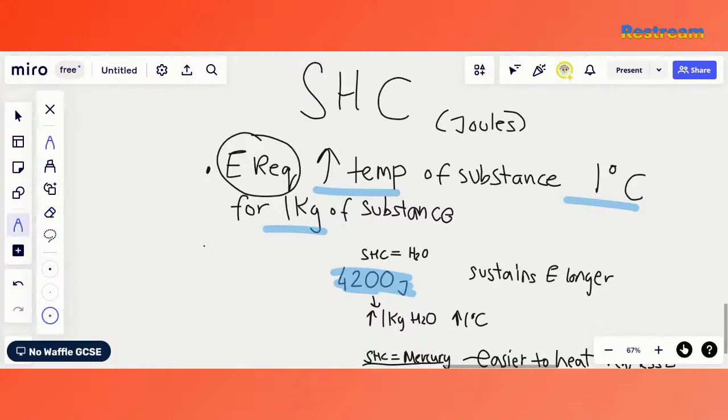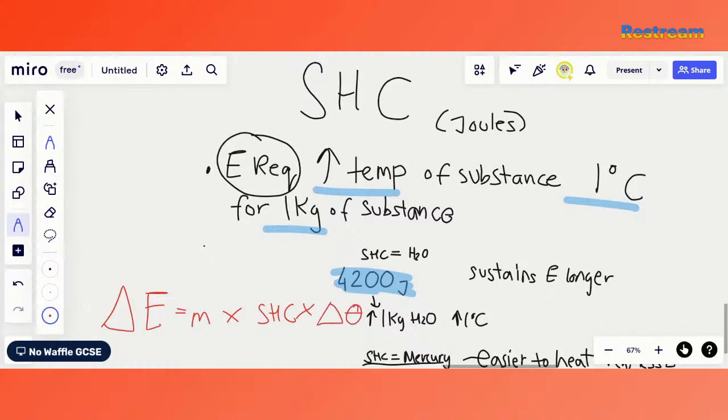So the change in energy is equal to mass times specific heat capacity times the change in temperature.